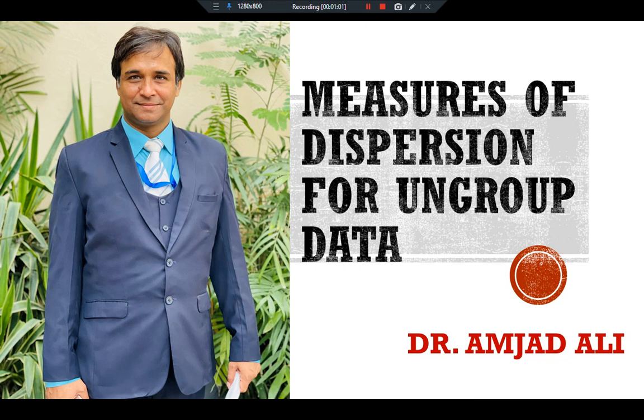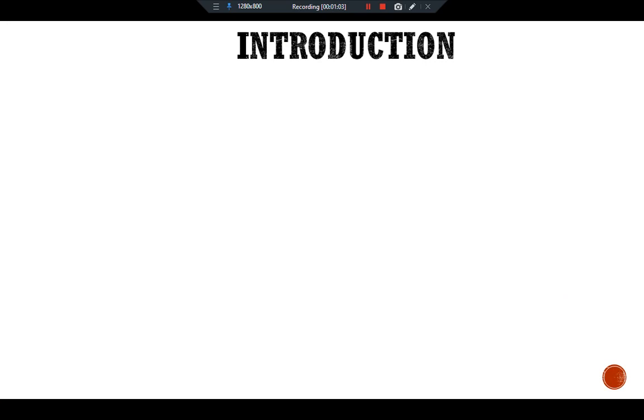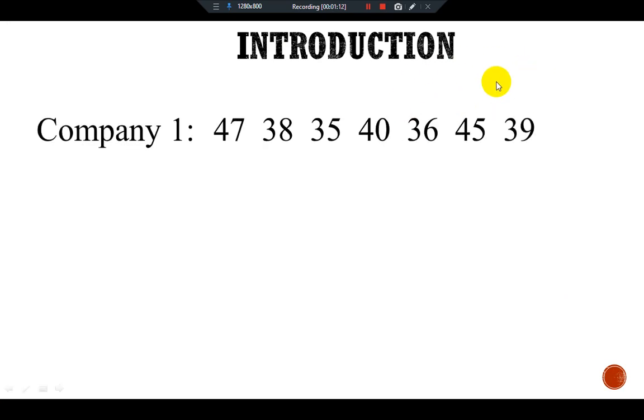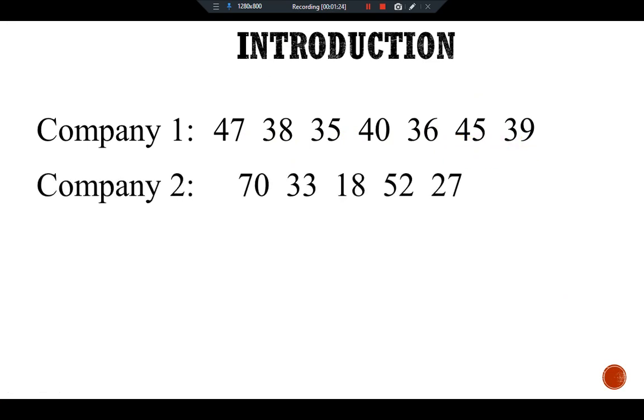Consider, for example, we have the data of two companies' workers' ages. Company 1 workers' ages are 47, 38, 35, 40, 36, 45, 39, and the second company workers' ages are 70, 33, 18, 52 and 27.